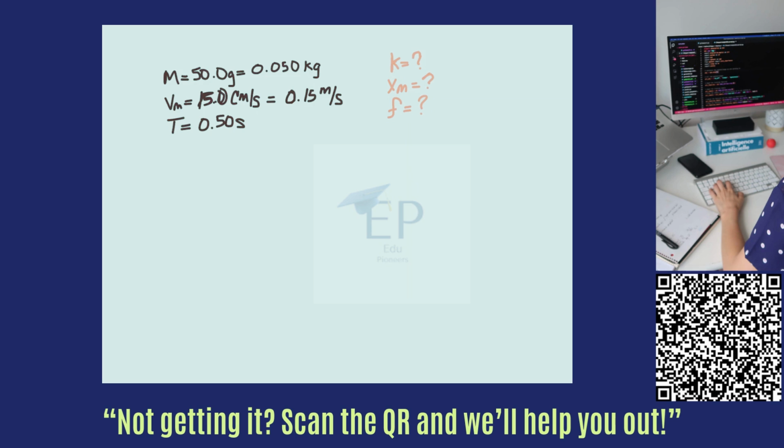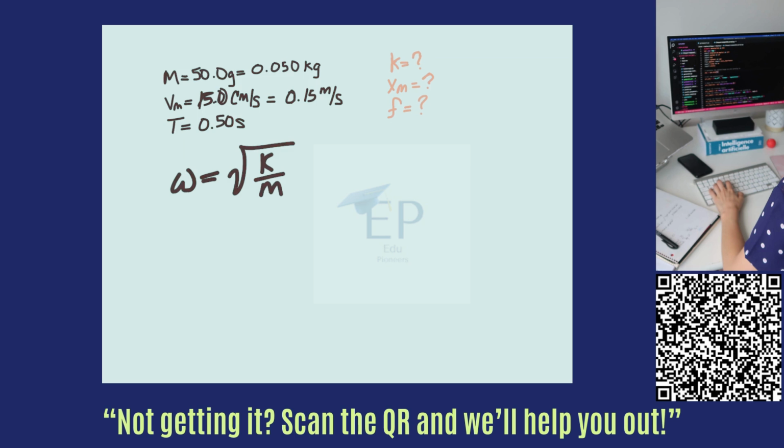So the first thing we're going to do is find the spring constant. And we do that by using the equation omega equals the square root of k over m, of our spring constant divided by the mass.